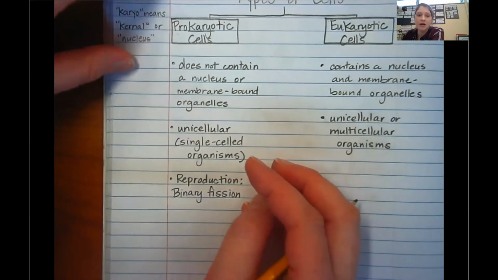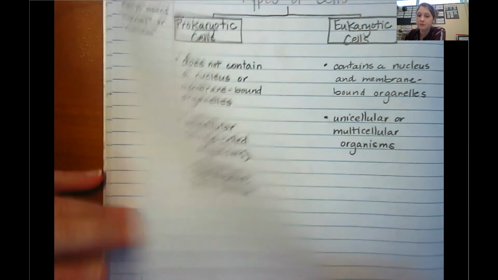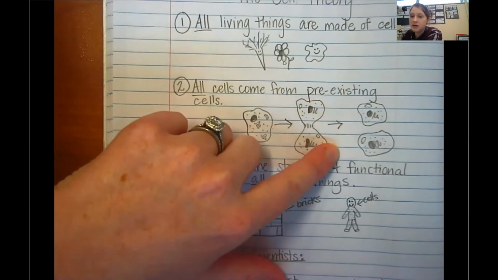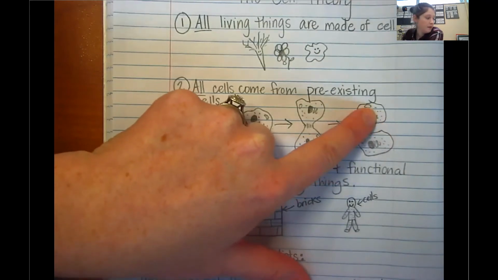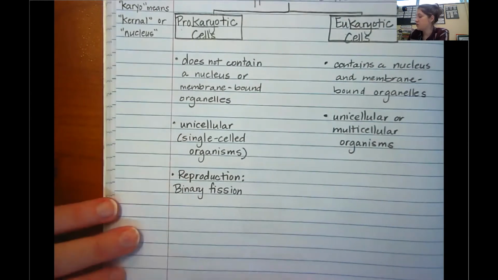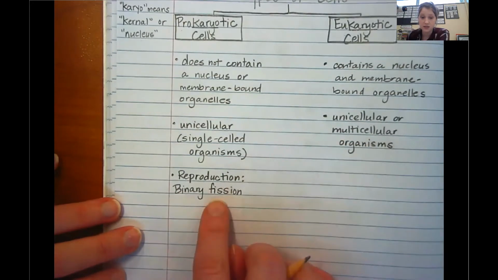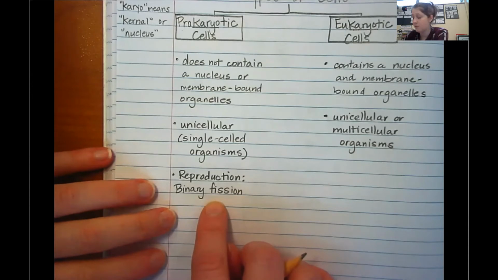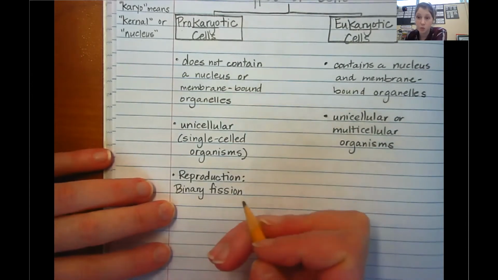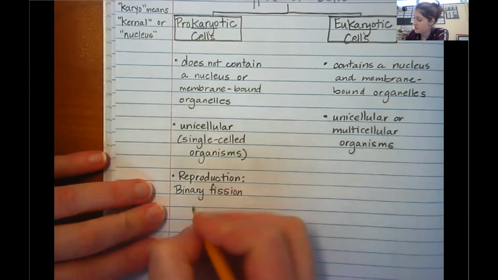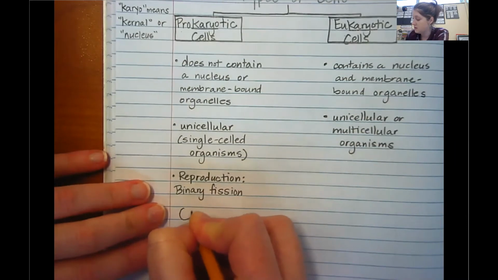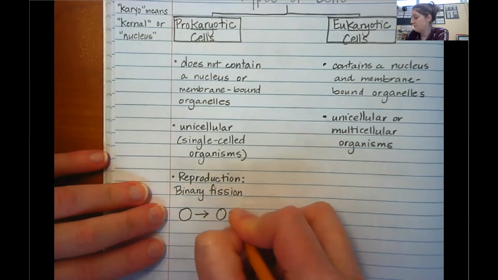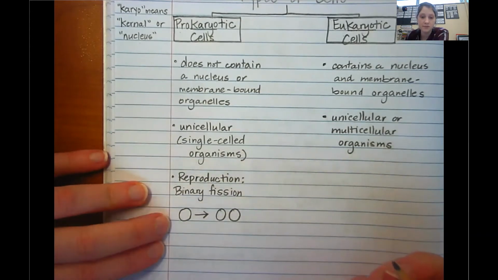We talked about the cell theory, how one cell splits to become two. While that is true for all cells, the only method of reproduction for prokaryotic organisms is one cell becoming two. So you have a single cell, and it's going to split to become two identical cells.